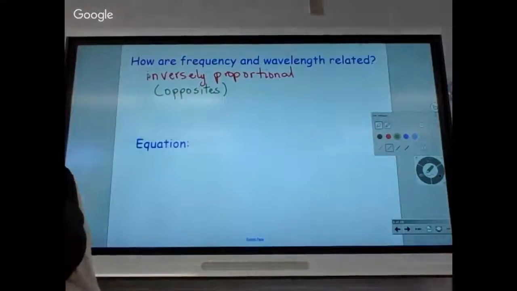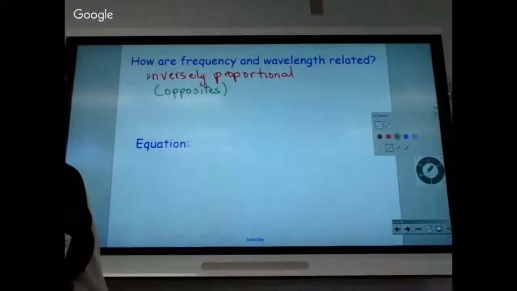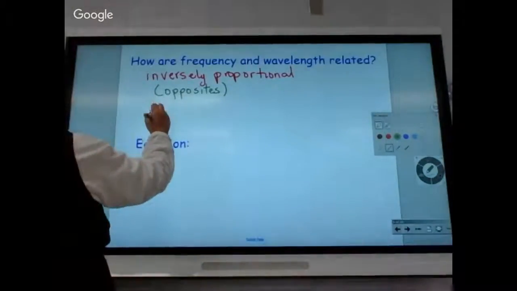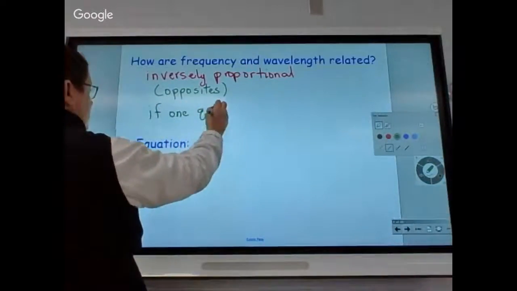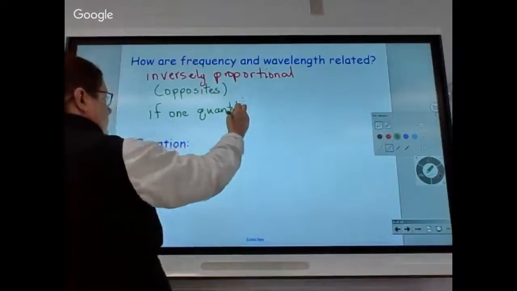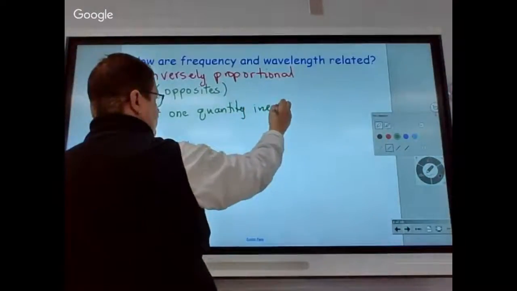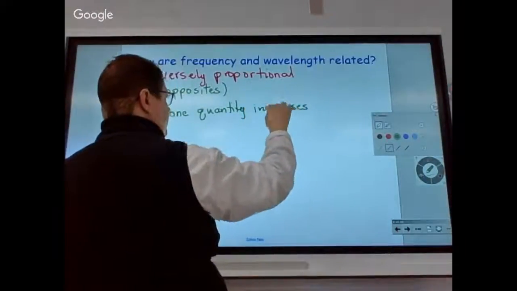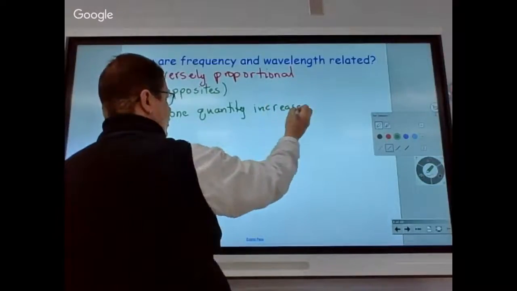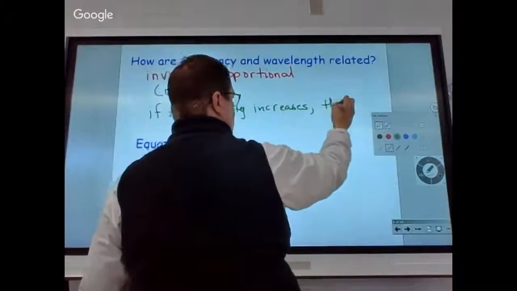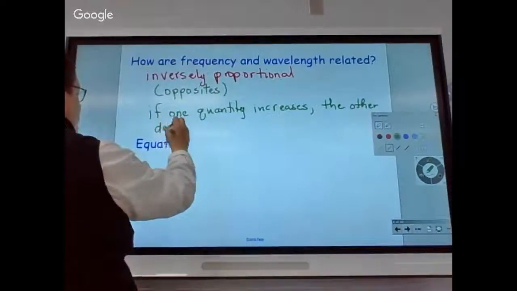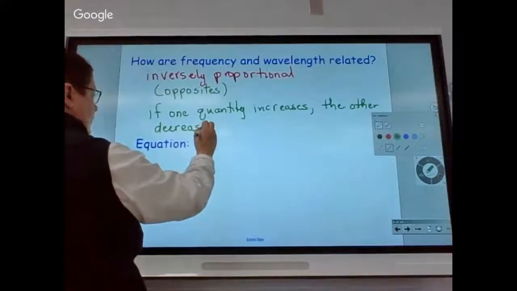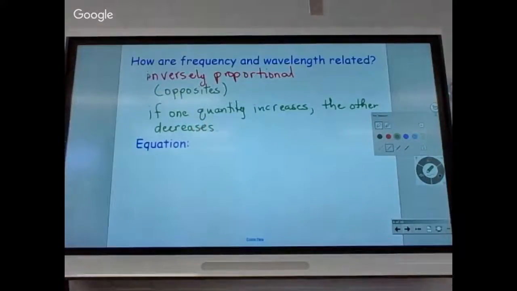If wavelength gets bigger, frequency gets smaller. For the entire semester, if one quantity increases, the other decreases. That's what inversely proportional means.